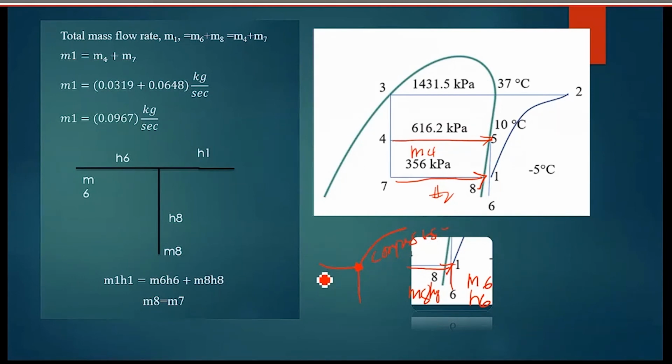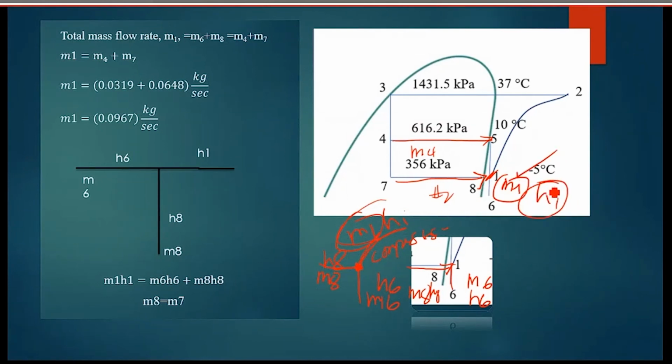No, so if I may clear this, M8, enthalpy 8. This one, mass 6, enthalpy 6. Then it will go to M1, H1. This one, yeah? So it will go here. The involved here is M1 and H1. Do we have this? We have.